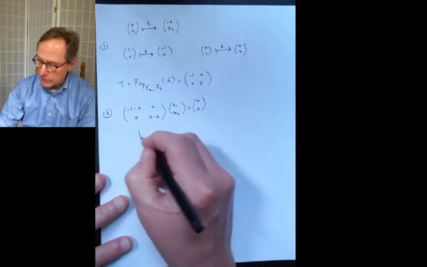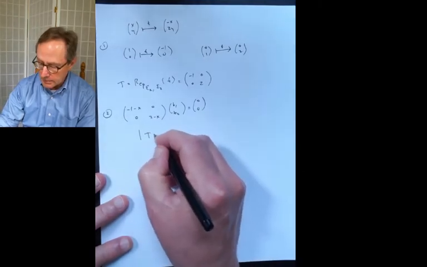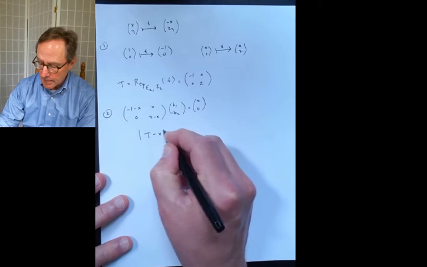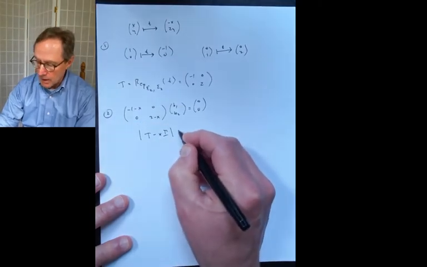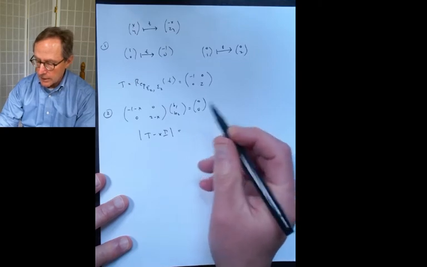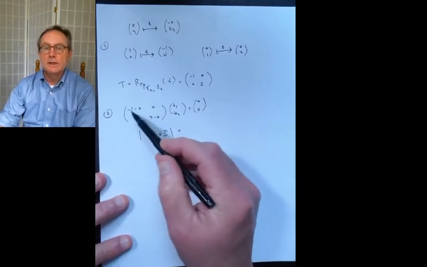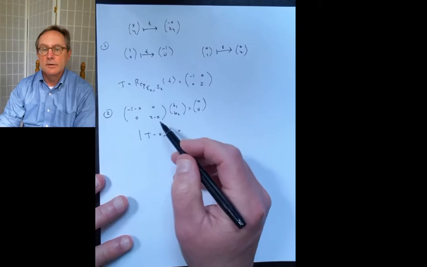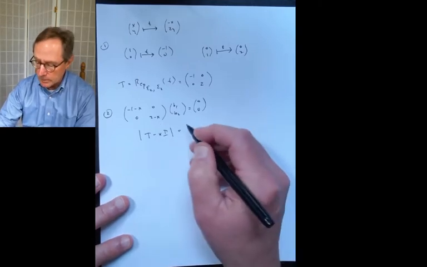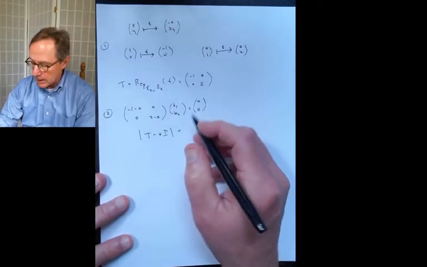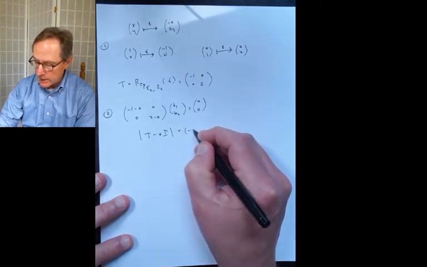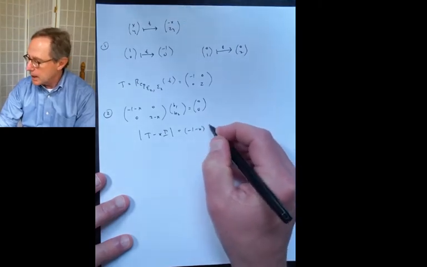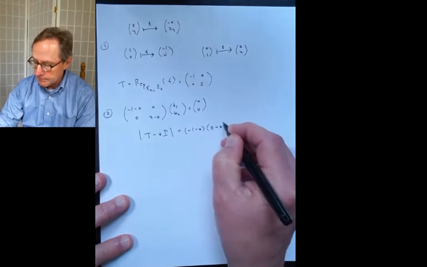You take the determinant of T minus xI, that's this matrix right here, and you figure out when it is equal to 0. The determinant of T minus xI, because T minus xI is a diagonal matrix, also upper triangular, is pretty obvious, and it's also obvious how to factor it: it factors as (minus 1 minus x) times (2 minus x).